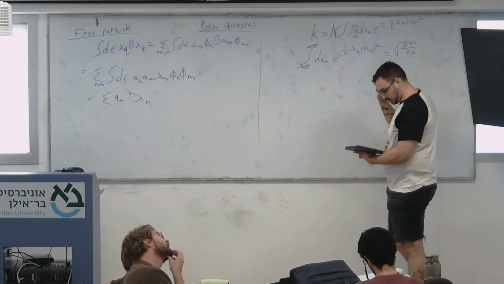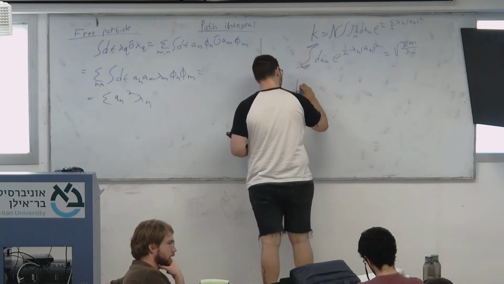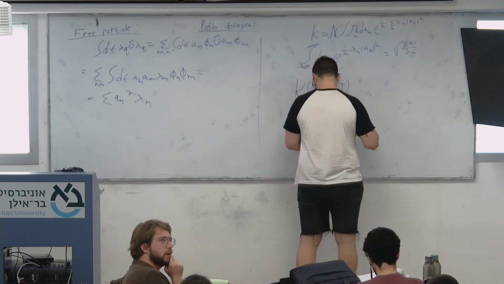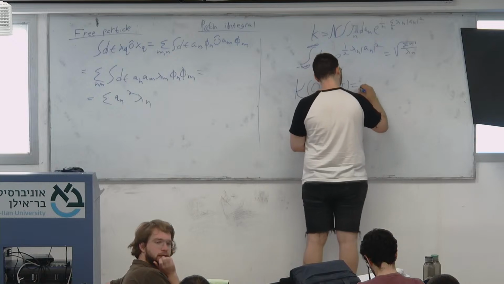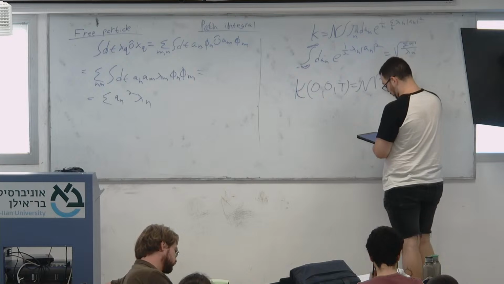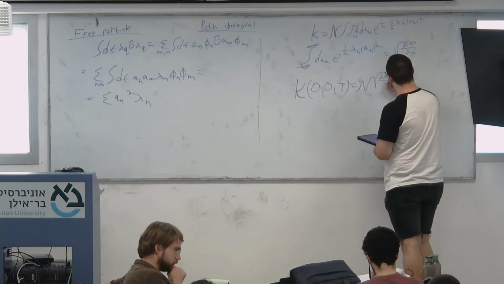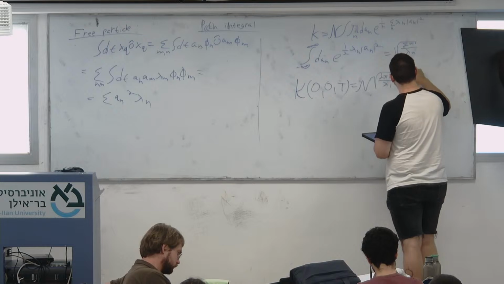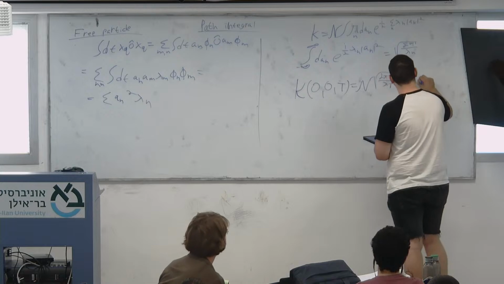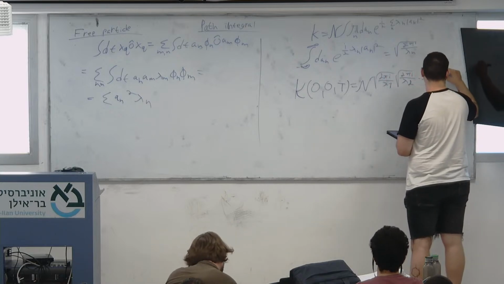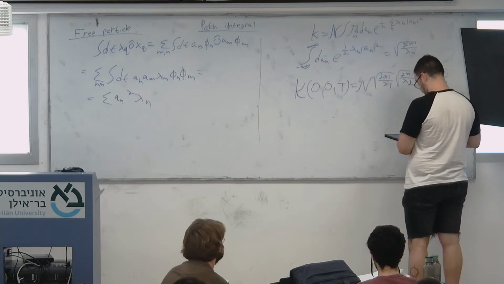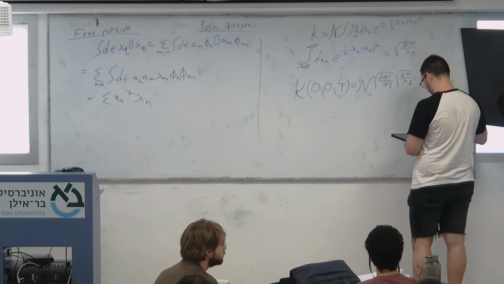Okay. So overall, T will be equal to normalization factor square root of 2 pi I divided by lambda 1, lambda 2, and so on up to the square root of 2 pi I divided by lambda n, capital N minus 1.